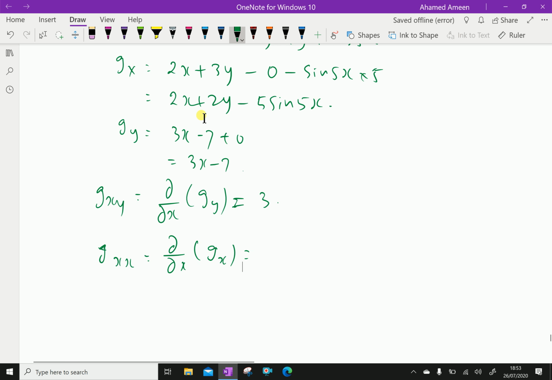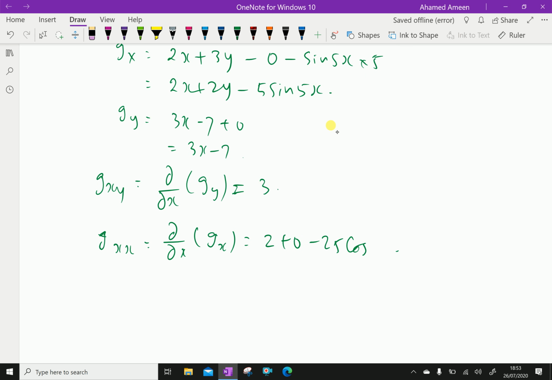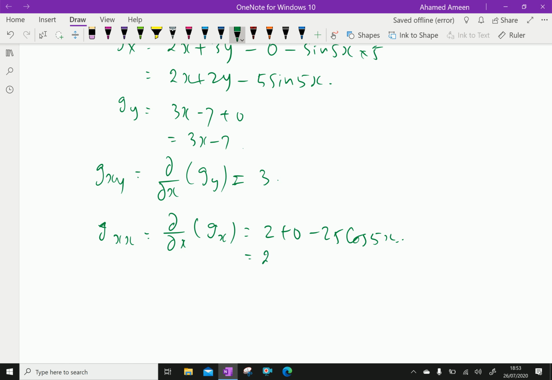With respect to x, 2x's derivative is 2, 3y is 0, and minus 5 sine 5x gives minus 25 cos 5x. So we'll write clearly, this is 2 minus 25 cos of 5x.